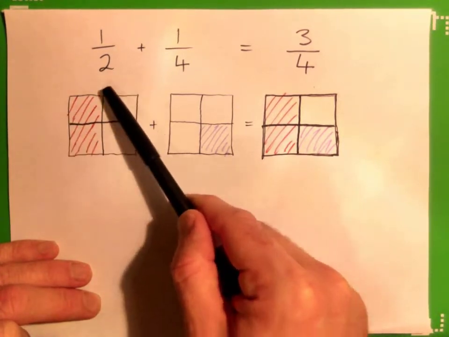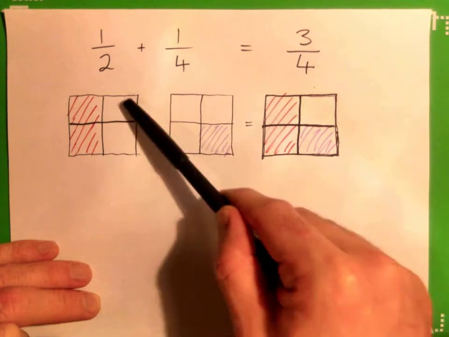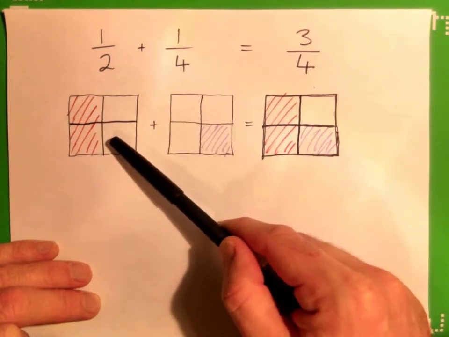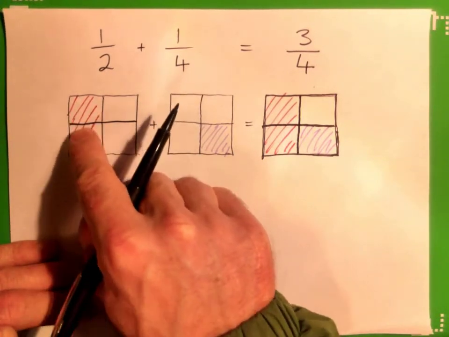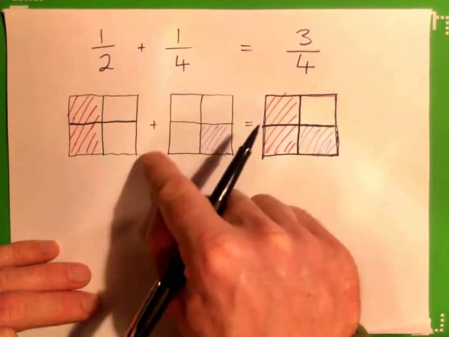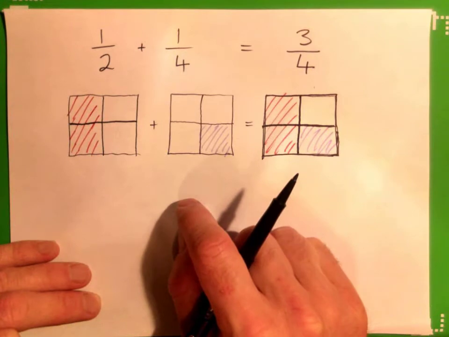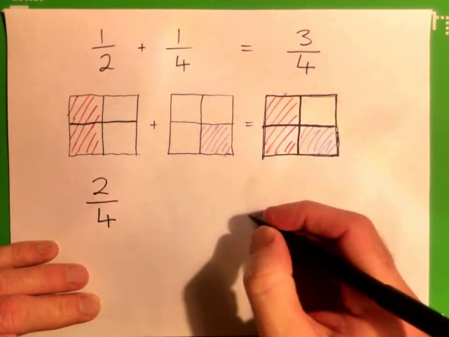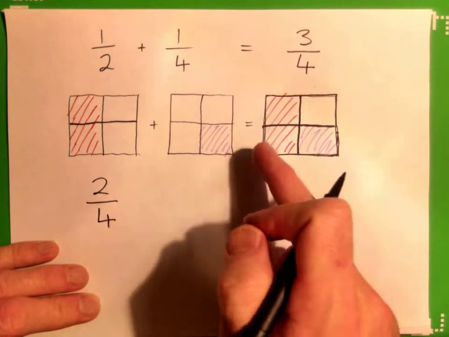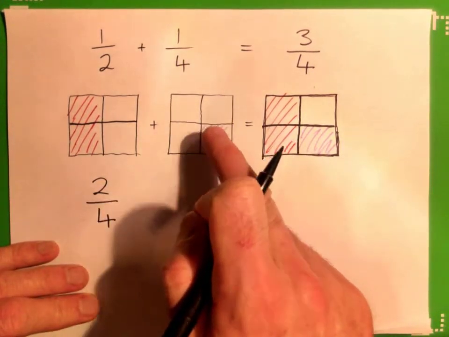And out of those 4 parts, how many are colored in this square? 2. So how could you represent the 2 colored parts as a fraction of the whole square? 2/4, right?